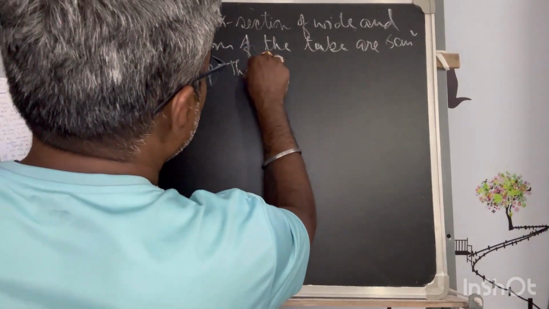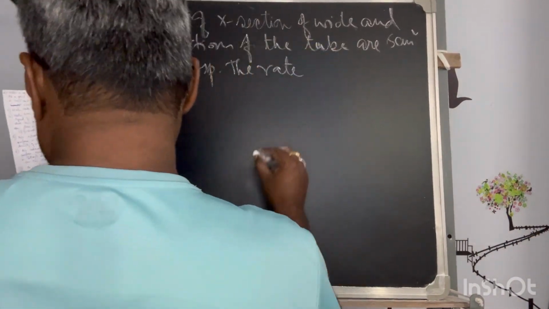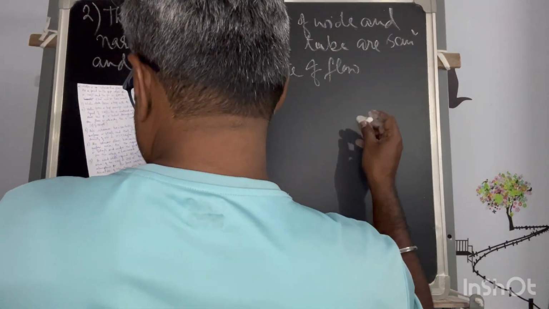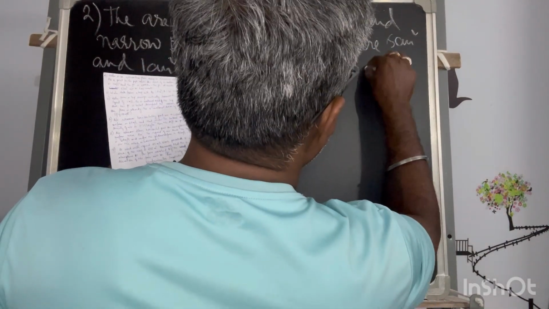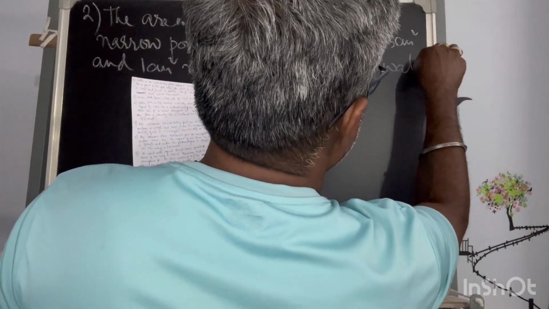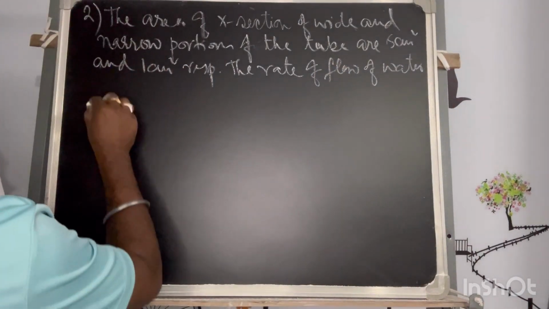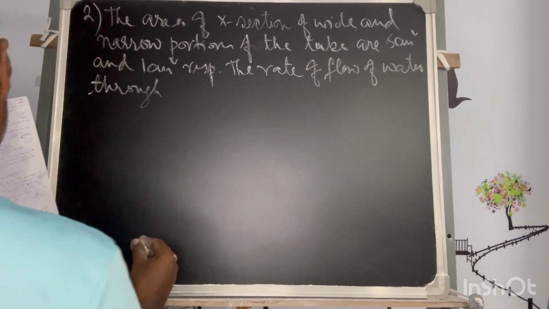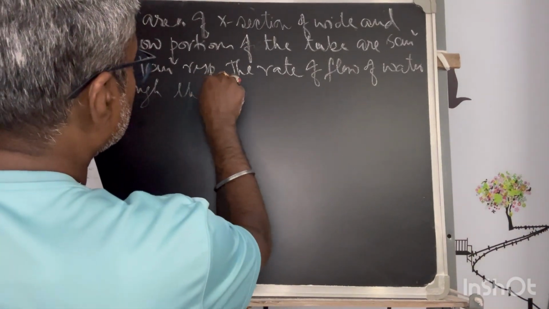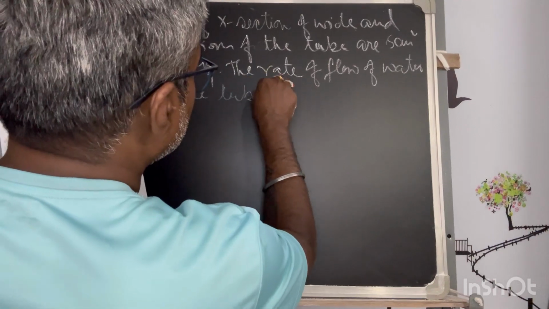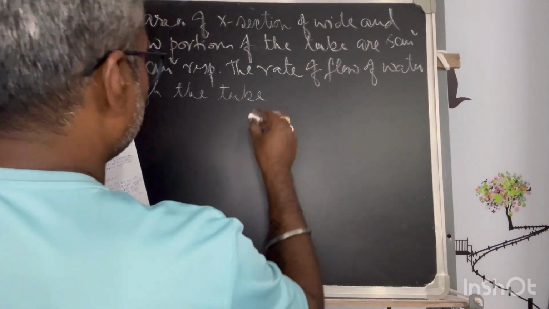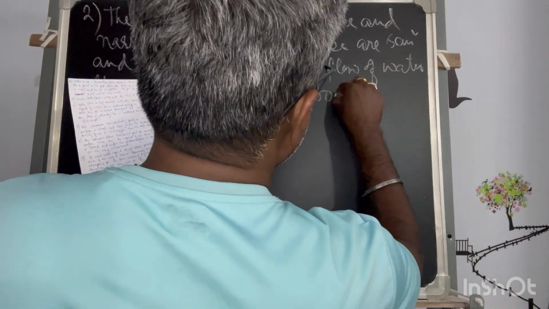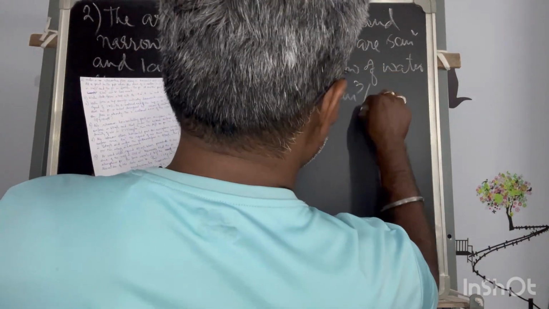The rate of flow of water through the tube is 500 centimeter cube per second.